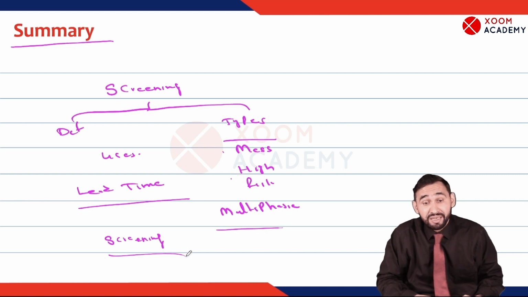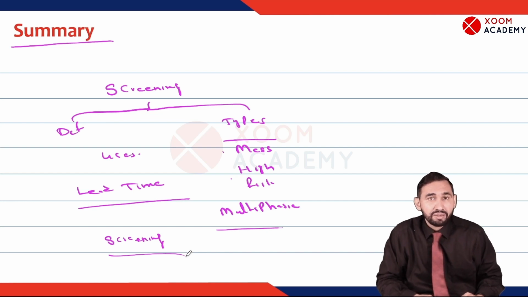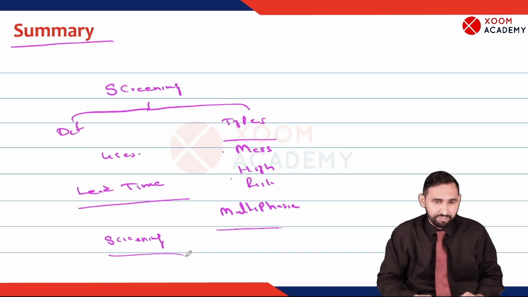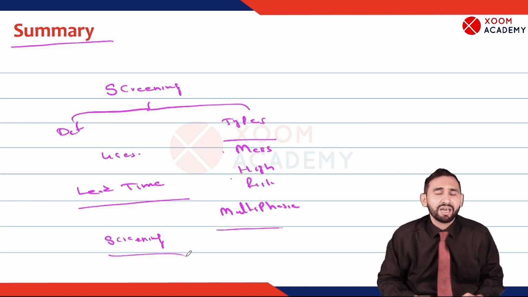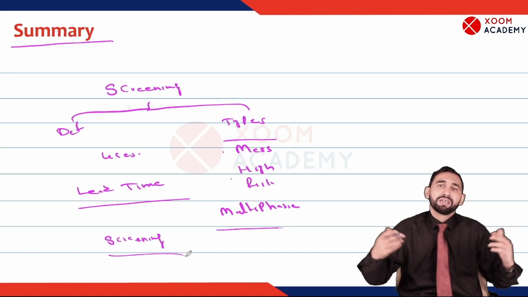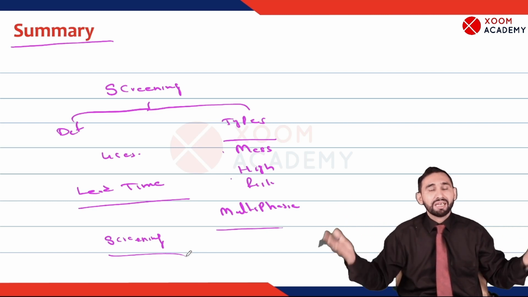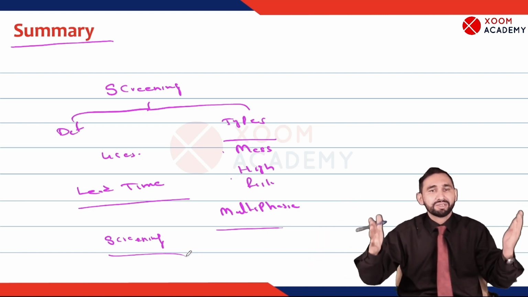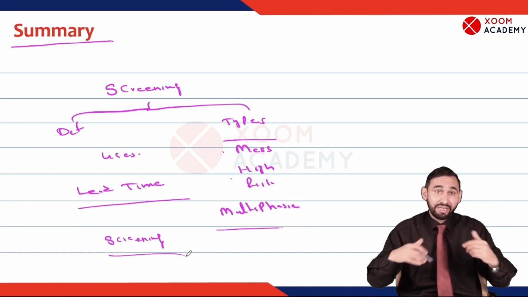These are the various screening tests, like we'll do CBC, red blood count, we'll do Rh factor, we'll do hemoglobin level, we'll do blood sugar level, and then we discussed lead time. Screening must have some benefit. We are doing screening to gain some advantage. Lead time is basically the advantage, the benefit that is gained by screening.